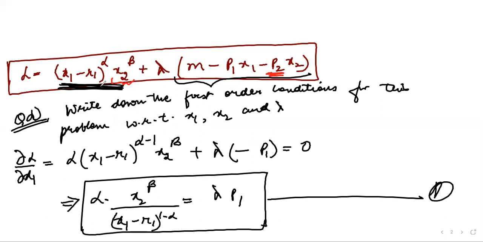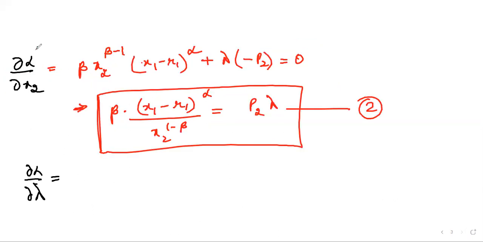When you were differentiating with respect to x1, you were holding x2 and lambda constant. When you were differentiating with respect to x2, you were holding x1 and lambda constant. When you're differentiating with respect to lambda, you're holding x1 and x2 constant. So this is something which we have to follow.